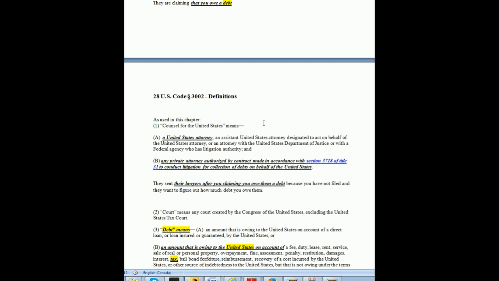So they're going to send an attorney after you to collect for the debt on behalf of the United States for that taxation that was not paid. They sent their lawyers after you claiming that you owe a debt because you have not filed your income tax form and they want to figure out how much debt you owe them. Or they sent a lawyer after you because they are going to open up a court case against you within their court and claim you owe them a debt.